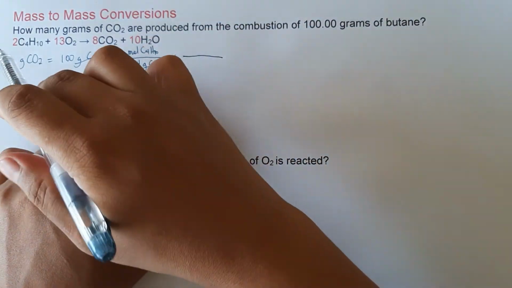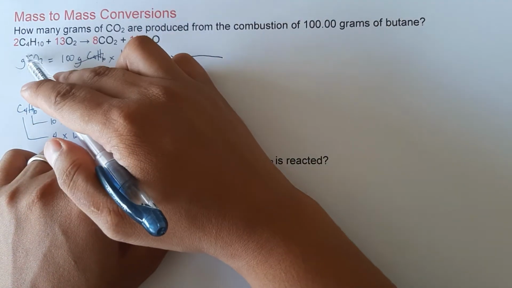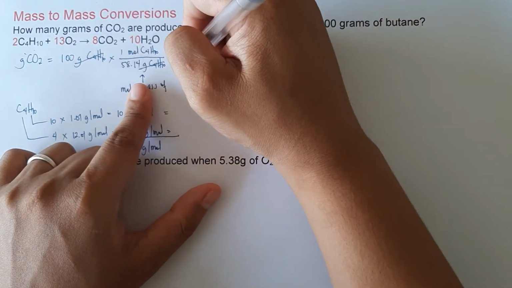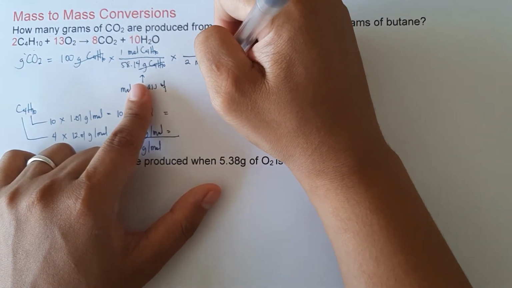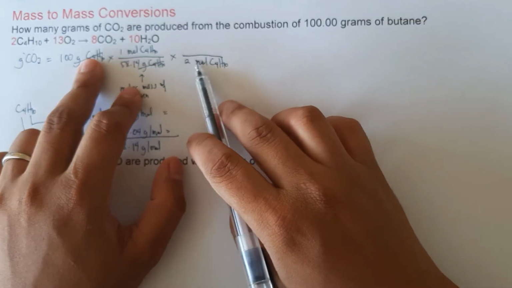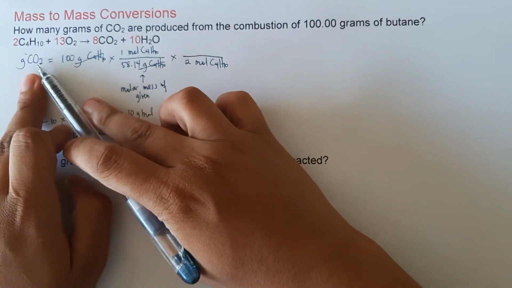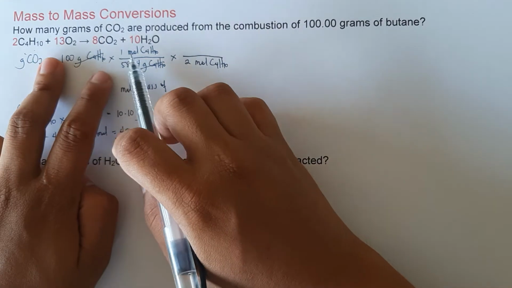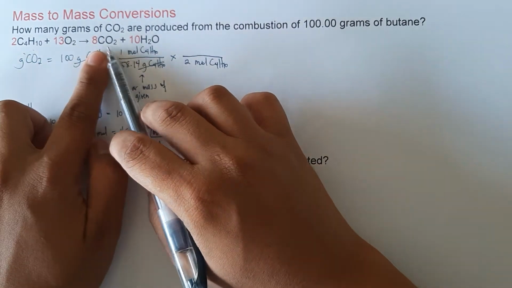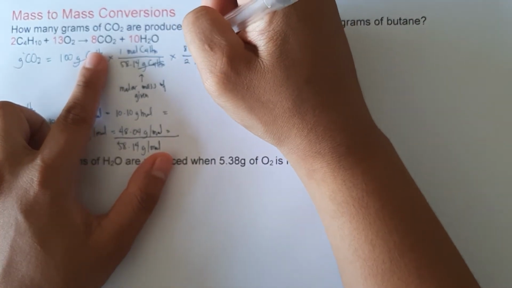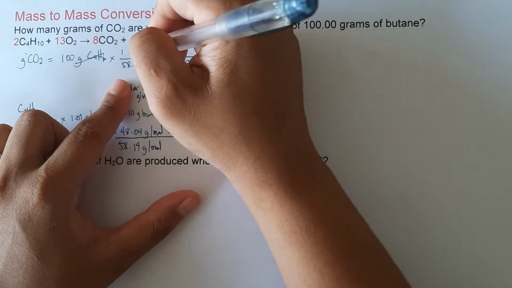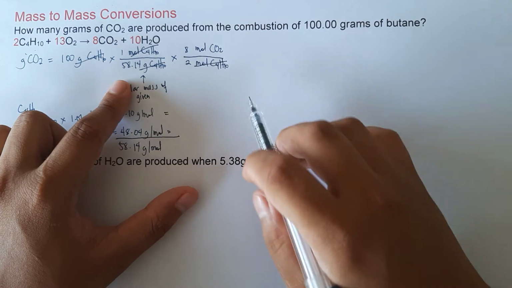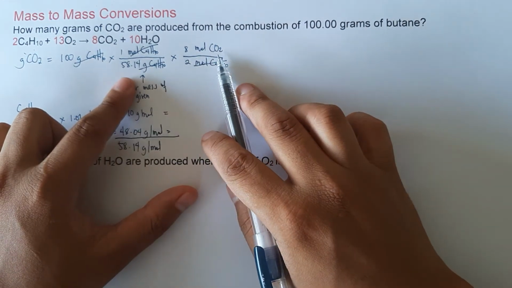So, that is 2 moles of C4H10. Sa taas naman po si carbon dioxide, which is ito yung ating hinahanap. Asan si carbon? Ito. Carbon dioxide, that's 8 moles of CO2. So, cancel this one and cancel this one. Now, we have moles of carbon dioxide.